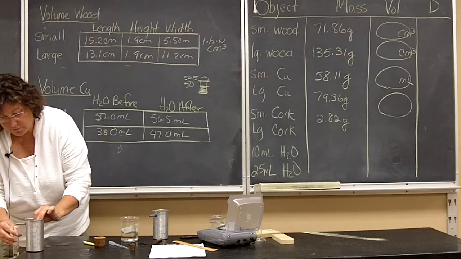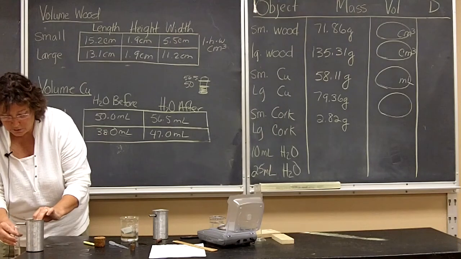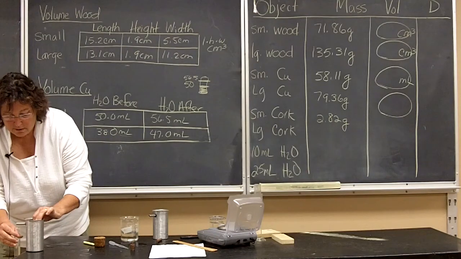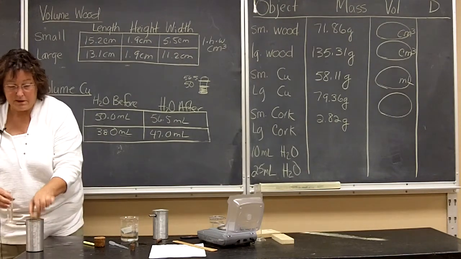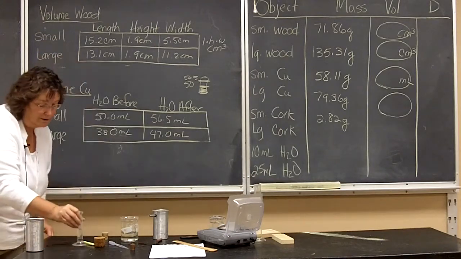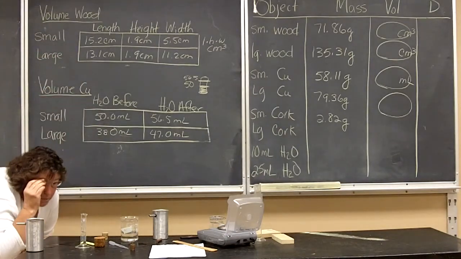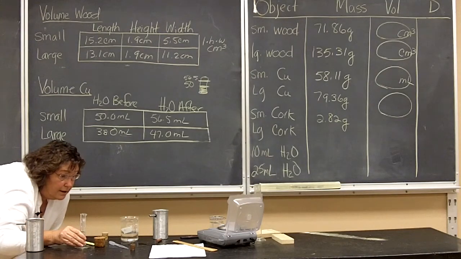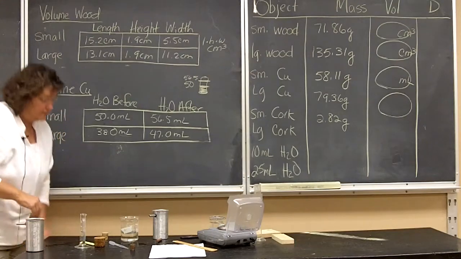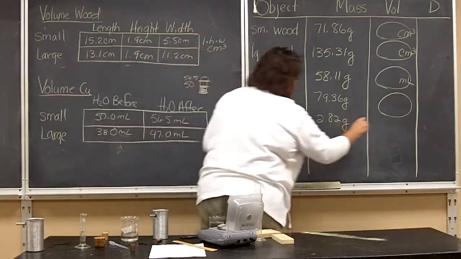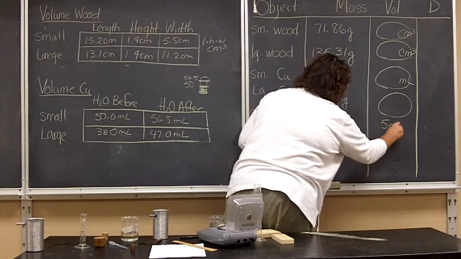As it moves into that water, it pushes or spills that water out. The amount of space that that cork takes up is the amount of water that it pushes out. So if I read that at eye level, the volume of that cork is 5 milliliters. That's what it pushed out. So I'll put that right there.